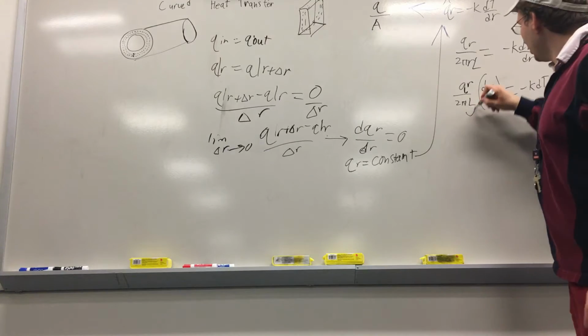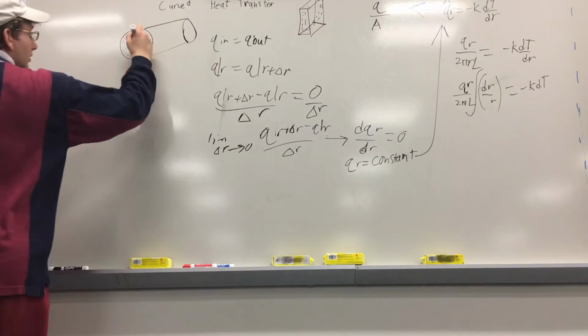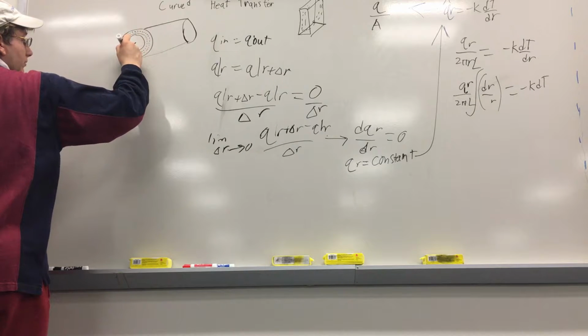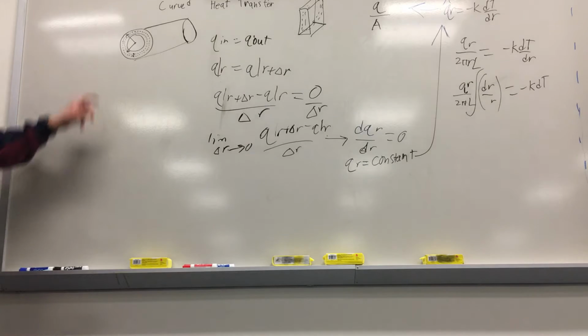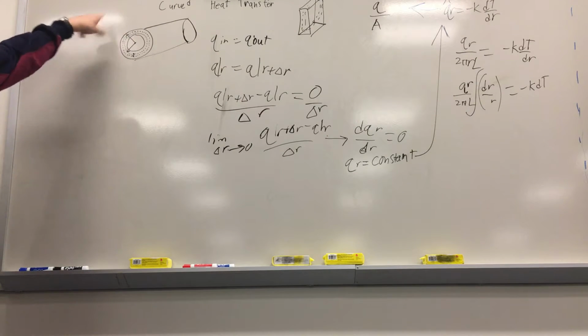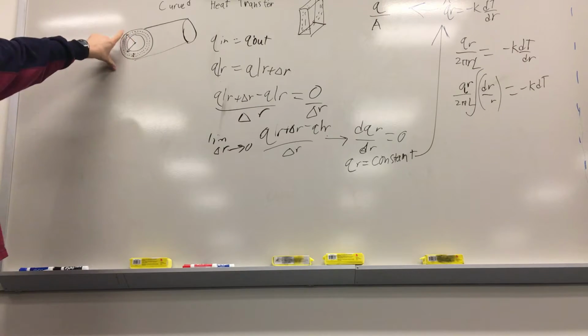Now we're just going to integrate along the two radii I've drawn out here. If this is our center, we have an inner radius and an outer radius, two concentric circles.